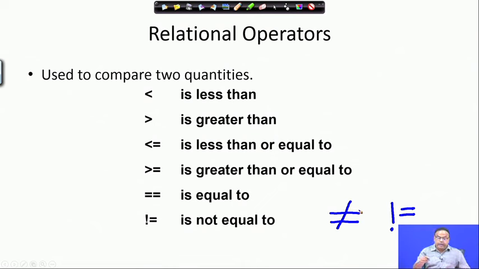Now, a very important thing comes into play. Whenever I am using these relational operators, what do I get? If I write x less than y, now we know that what are these x and y? These are two operands, and what is this? This is an operator.